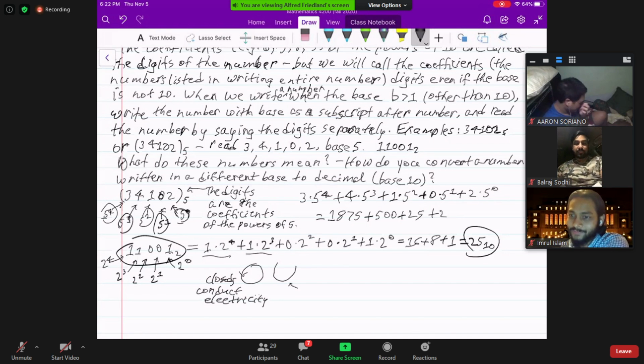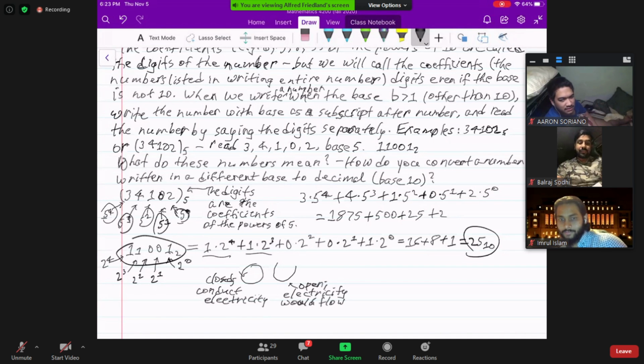This is open, so it's open at the top, and electricity would not flow. There's nowhere to go, it gets stuck at the end.